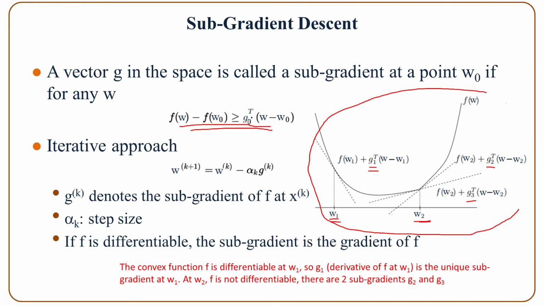So the subgradients can be used to update the weights. And alpha k is the step size.